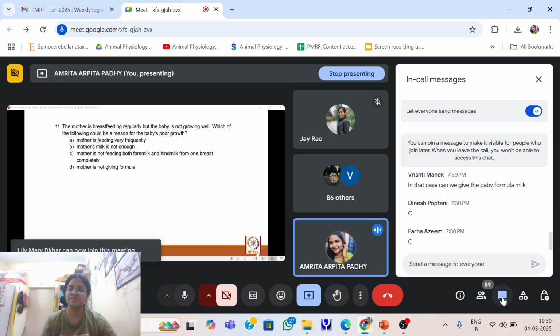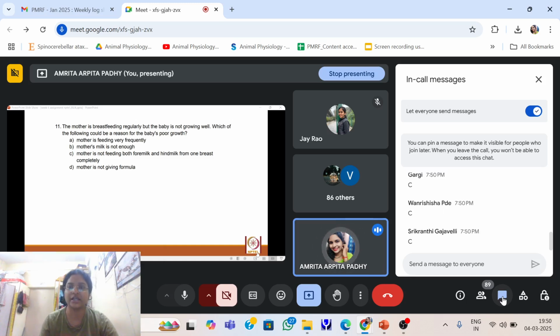Yeah, after 6 months, you can give the baby formula milk, but before 6 months, it is not suggested to give formula milk unless the baby is very lactose intolerant and is getting affected by the breast milk. You should not give powder milk.